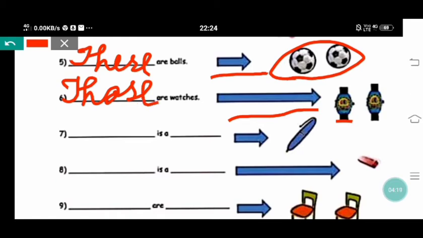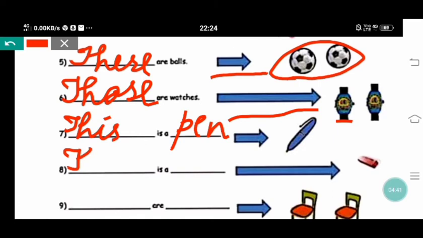Now it's very interesting. You have to write down this, that, these, those, and write down also things name. First you identify. Here is picture of pen. Arrow is short. It means this is a pen. What we have to write down? This is a pen. Now that is a sharpener.